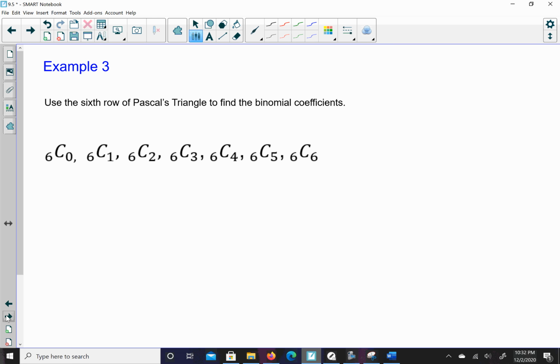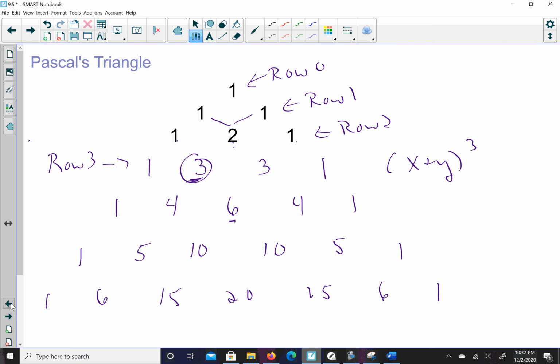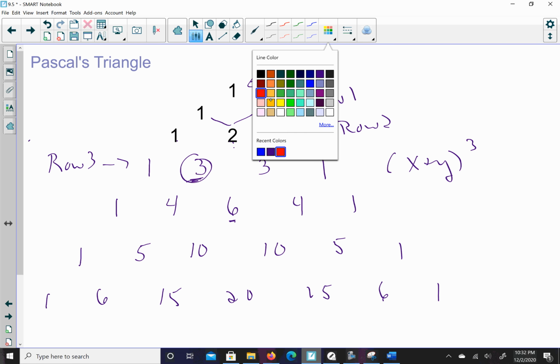So if I ask you to write the sixth row of Pascal's triangle to find the binomial, you're going to know that you want the row, I'm going back to this page, where the second term is 6. So you want this row right here. That's the row that I want.